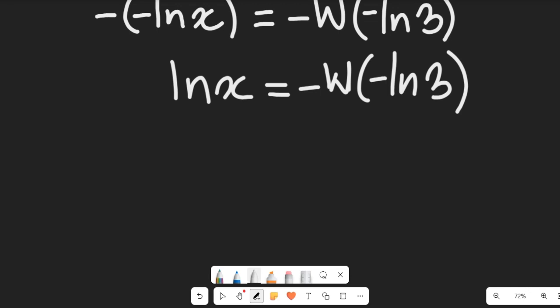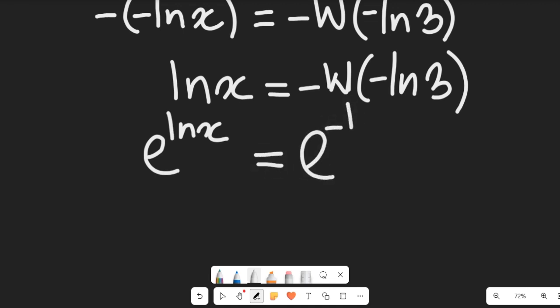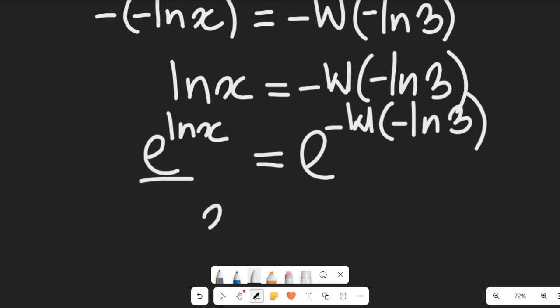So I'll have the exponent of ln of x equal to the exponent of the negative of the Lambert W of negative ln of 3, right? And remember this expression, all of this is simply going to give me x.